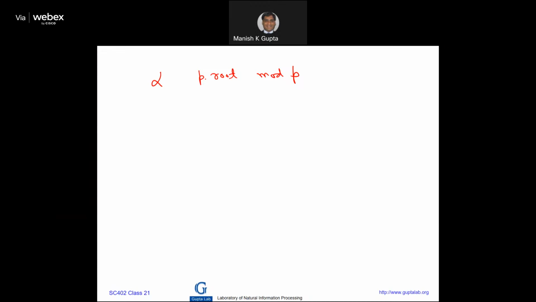So every beta is a power of alpha. If alpha is not a primitive element, then the discrete log may not be defined for certain values. So this is our assumption that alpha is a primitive element, so it's kind of well defined.